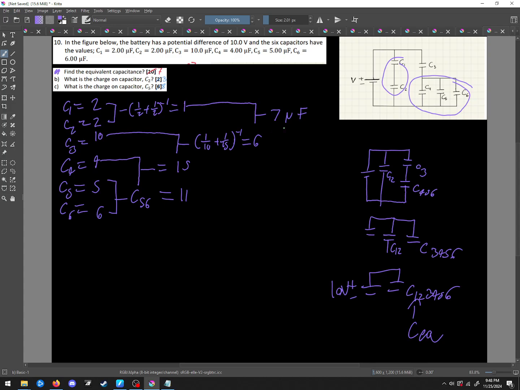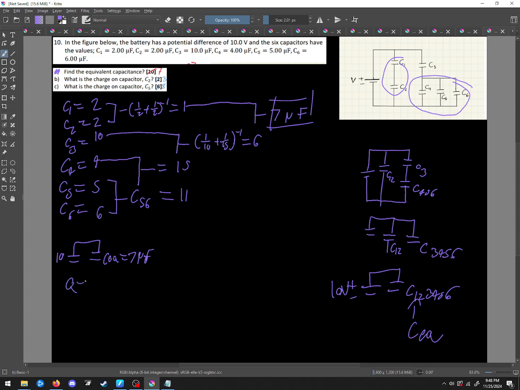We've got that. And B is charge on C2. So if we know that this here is equal to 7, now we can say that with 10 volts, the C equivalent here is just one capacitor, 7 microfarad.